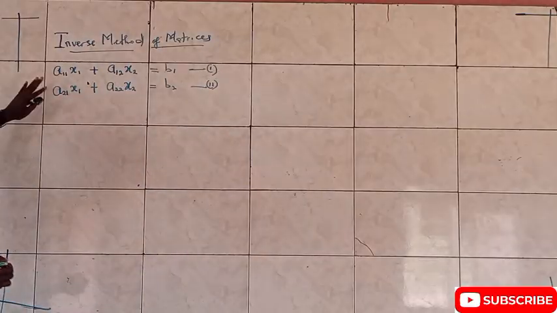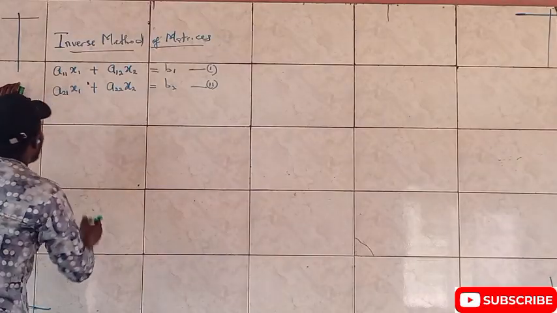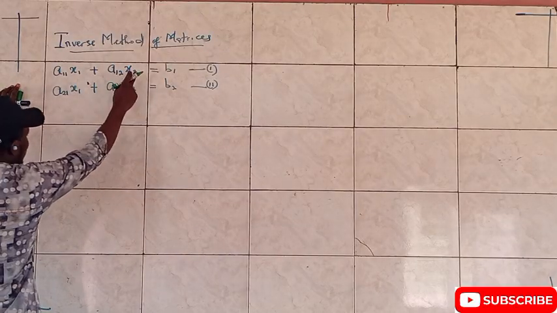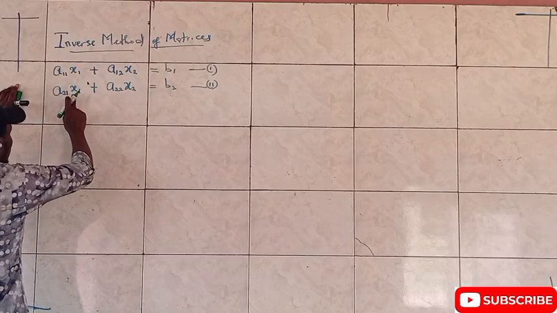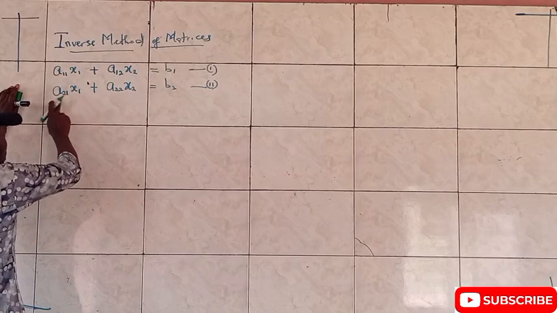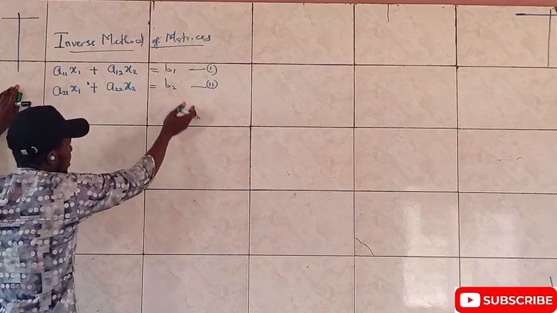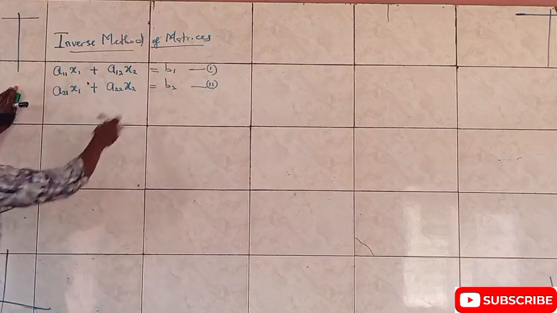This is just like a model for that question. The coefficient of x1 here is A11, that of x2 is A12, that of x1 in the second equation is A21, and x2 in the second equation is A22, while the constants are B1 and B2 on equations 1 and 2 respectively.